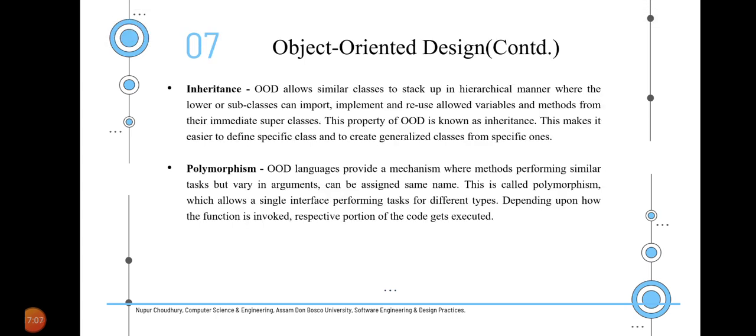So object oriented design, going further, we have already covered in our Java or object oriented programming classes. They have certain properties which are very unique to them.